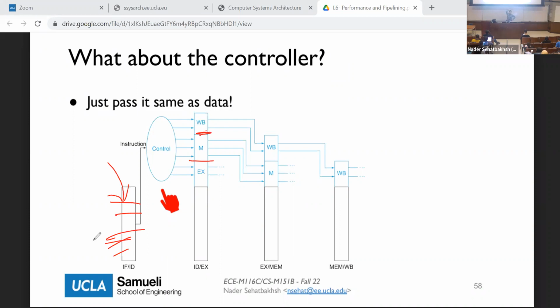So the question is, since you are using these registers to save values, are you using your temporary registers or your saved registers? These registers, first of all, are different from your register file. These are additional registers that you're adding. These are not something that you can access in your ISA. It's not visible to your software.